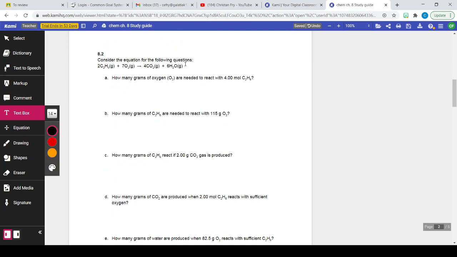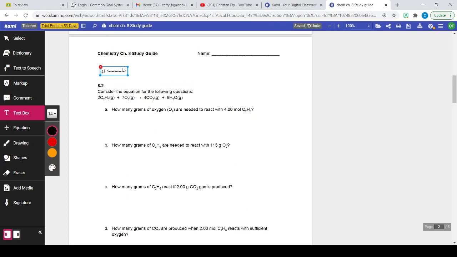So consider the equation for the following questions. Now, this is where they're going to add some 2 steps into this, maybe 3 steps. So the first one, and I'm going to write this at the top here. Remember that we can go from grams of 1 to moles of 1, and I need arrows that go back and forth. Now, 1 is whatever they're starting me off with. That's what 1 means.